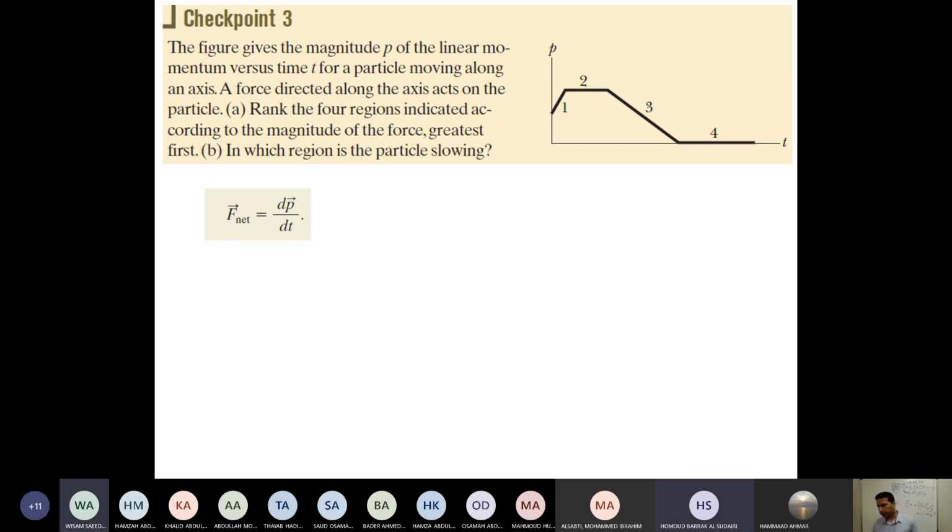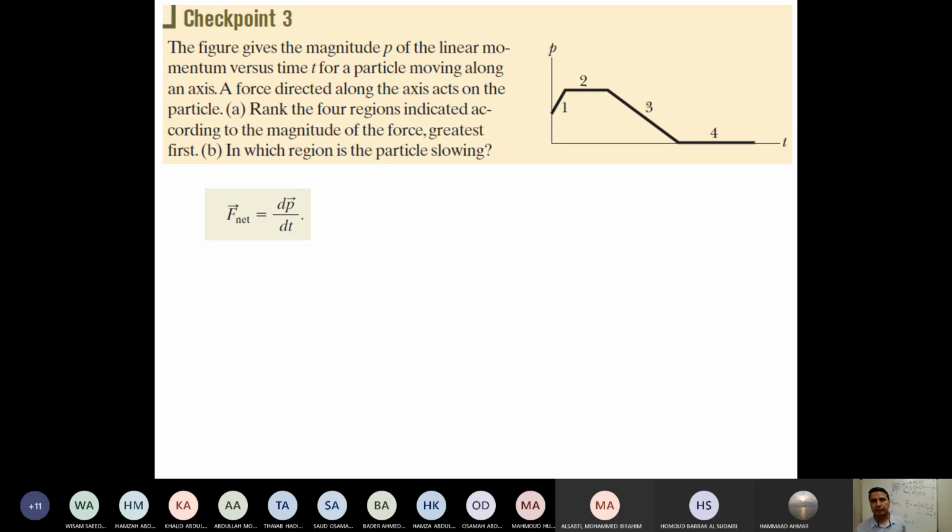Negative. Okay, and then when you compare region 1 with region 3, in which one does the slope look larger to you? Region 1, because the slope is sharper. So the slope in region 1 is large, and the force applied in that region will be more as compared to region 3.